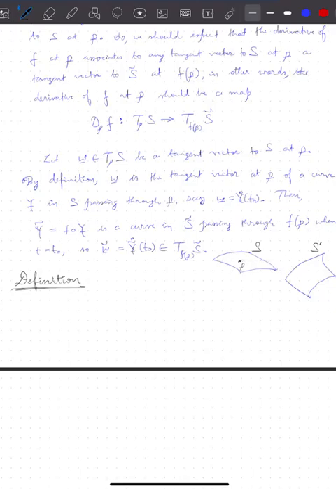Then we have this point f of P, and this is T_P S, the tangent plane, with a vector W inside.